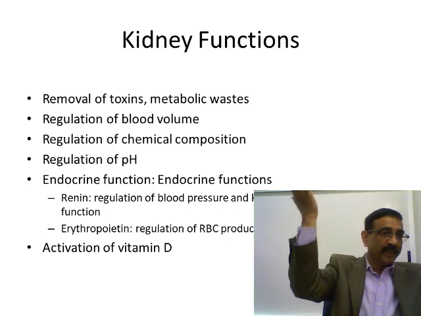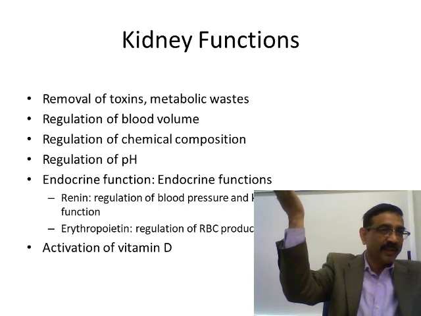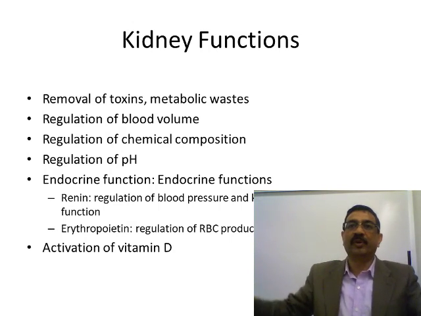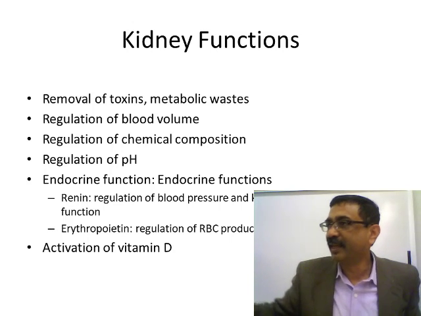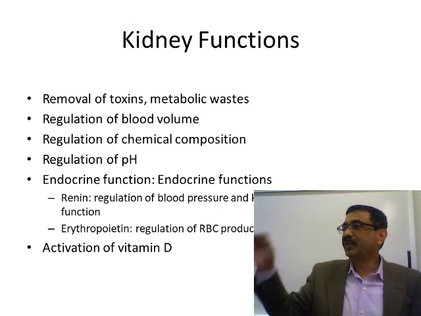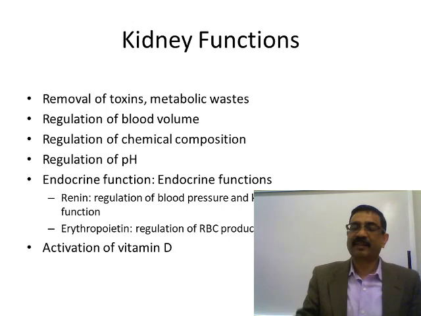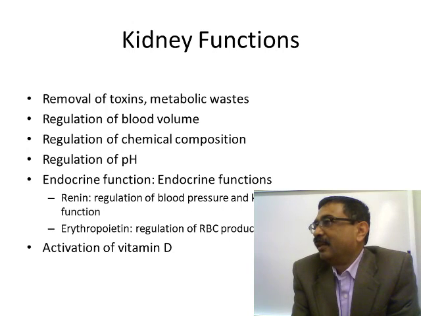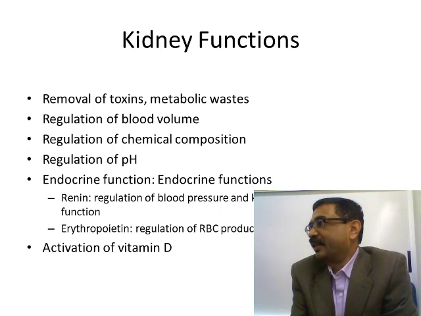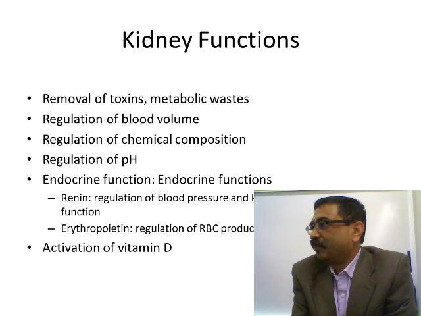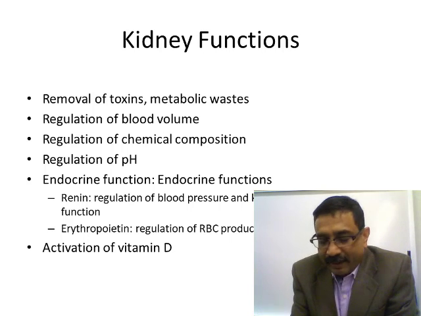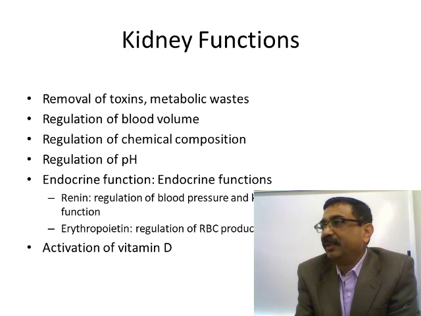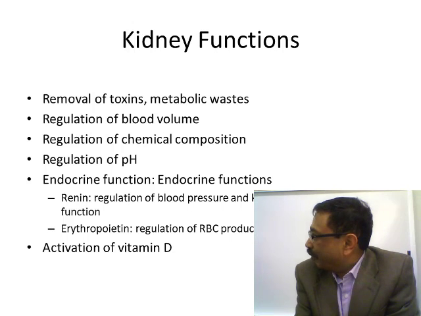If the blood volume increases, blood pressure will increase, right? So, kidneys produce more urine to excrete that excess amount of water from the blood. So, by regulating the blood volume, your kidneys also regulate the blood pressure.